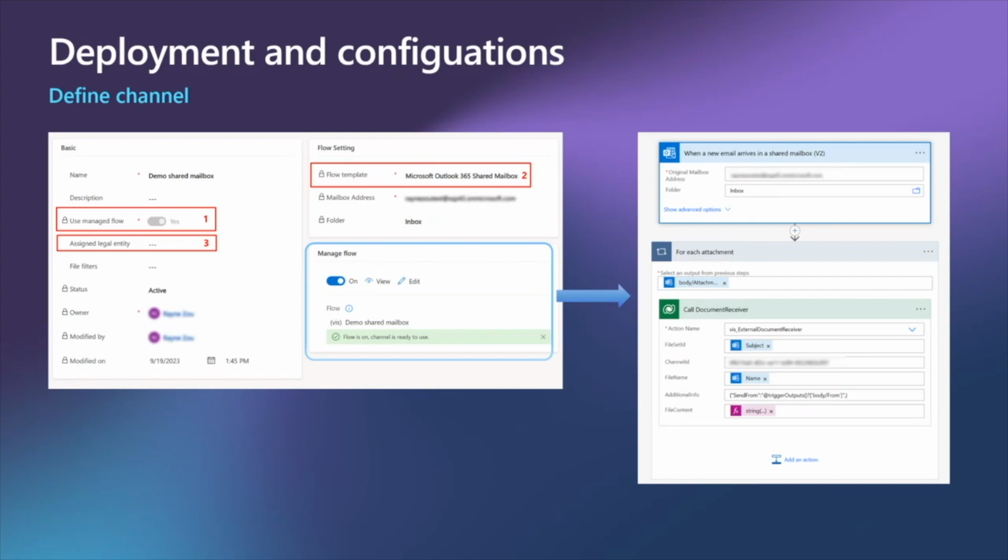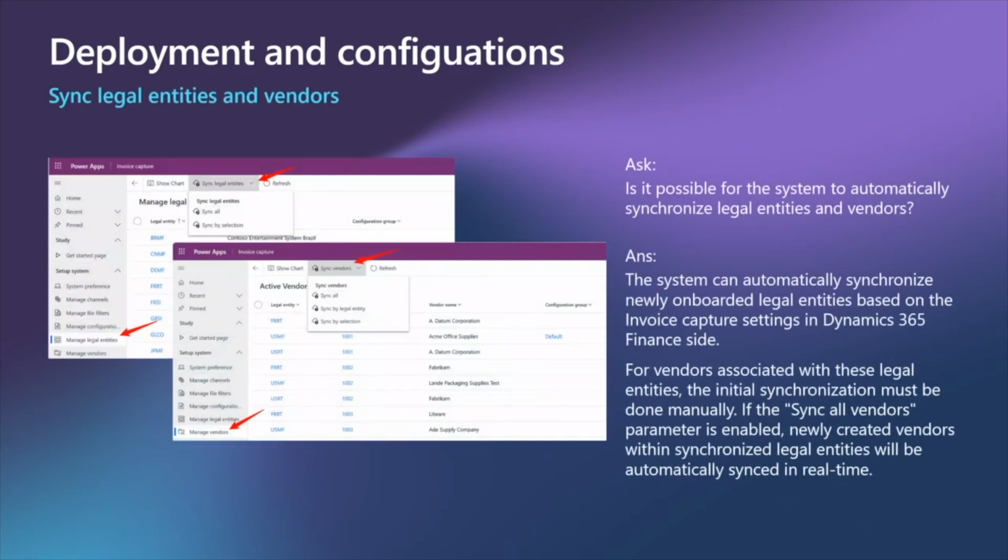Some businesses have multiple legal entities, with different receipt emails for different legal entities. In this case, they can create a different channel and assign the corresponding legal entity on each channel, and then the legal entity will be automatically derived during the invoice processing on the invoice capture side. And previously, I mentioned that in the F&O, you needed to onboard the legal entity, and you can also mount sync all vendors.